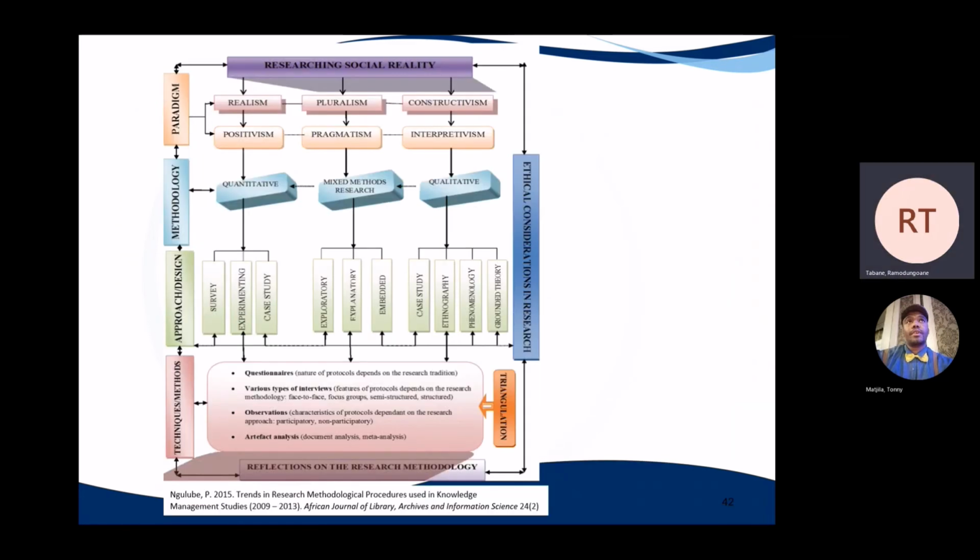This map shows you a beautiful picture of how to limit and direct yourself. We start on the blue part of your sketch. It says methodology.